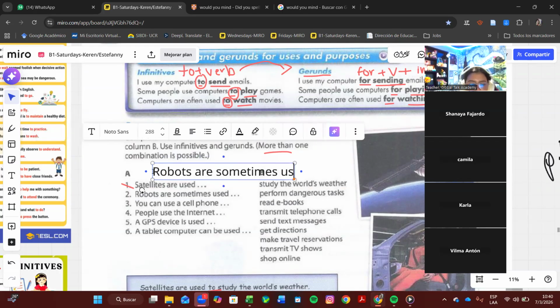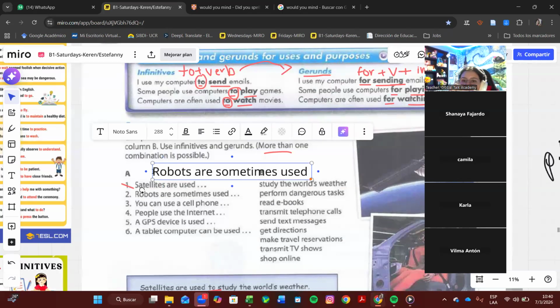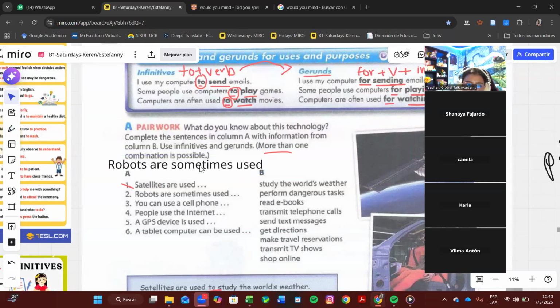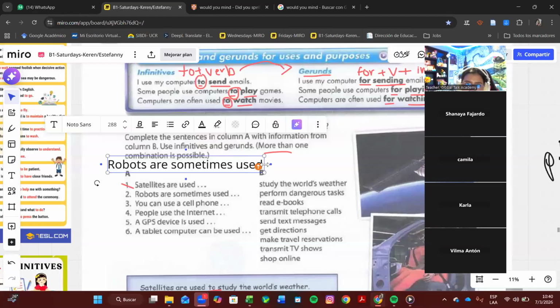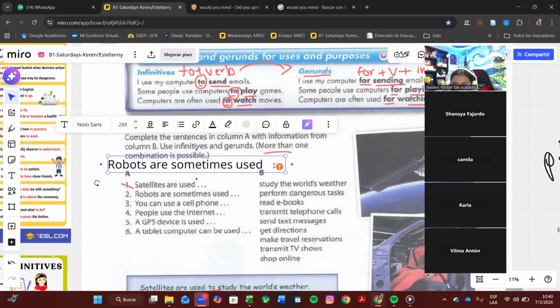sometimes used. Is it to or for? What do we use? Like the gerund or the verb, like the infinitive? So robots are sometimes used to transmit. Transmit. Shania, is it used to or used for transmitting?